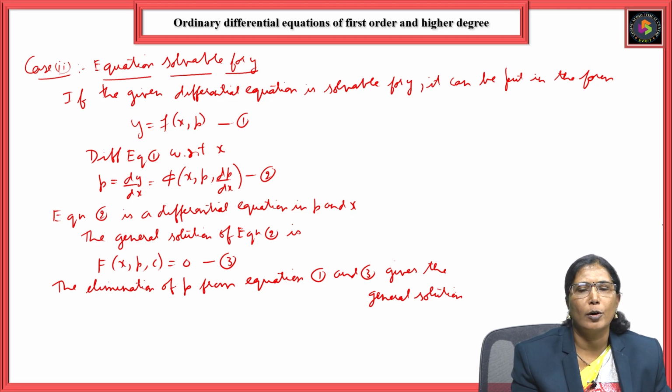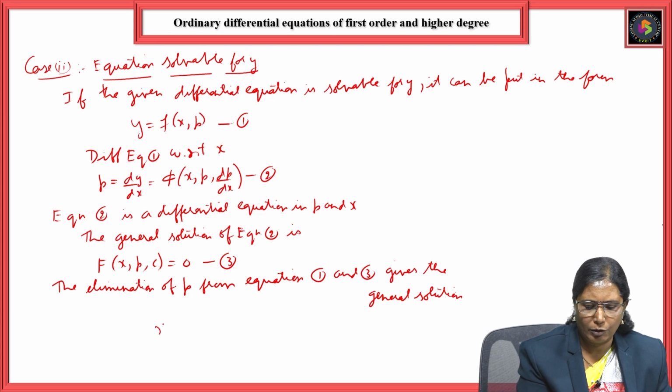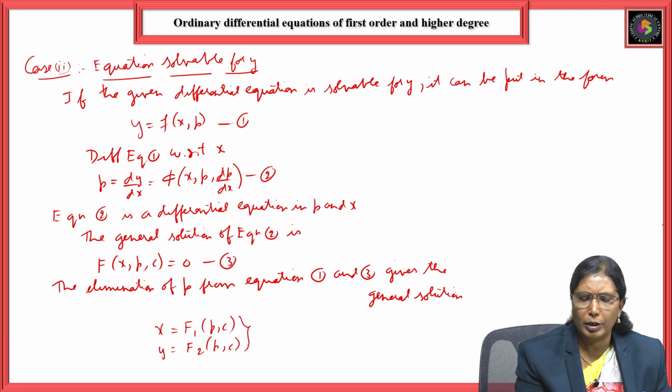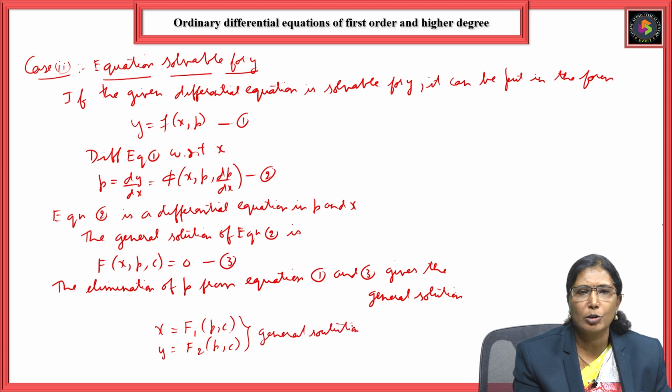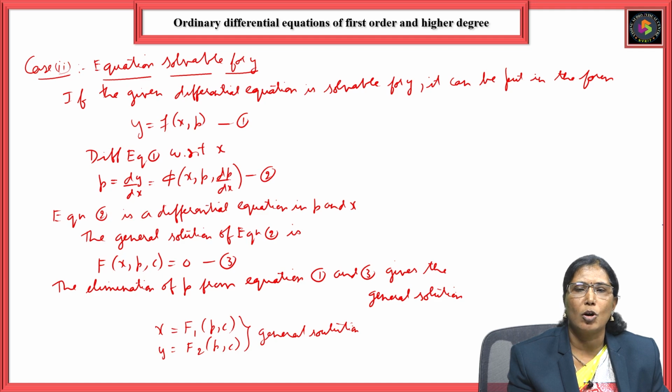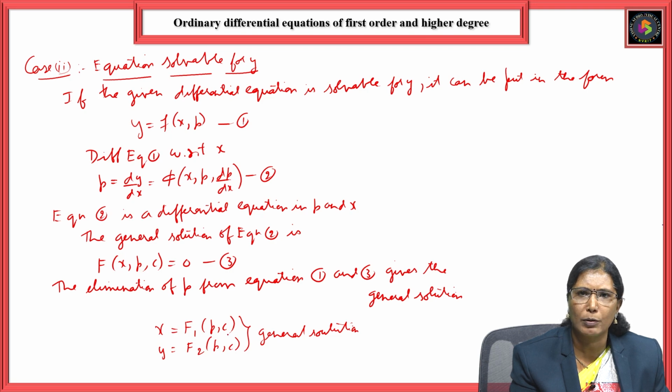You have to solve for x and y in terms of p, such that x is some function of p and c, where c is some arbitrary constant, and y is some function of p and c. These two together give nothing but the general solution.